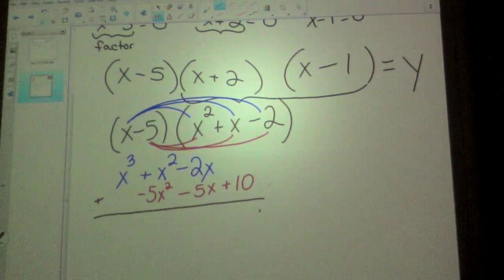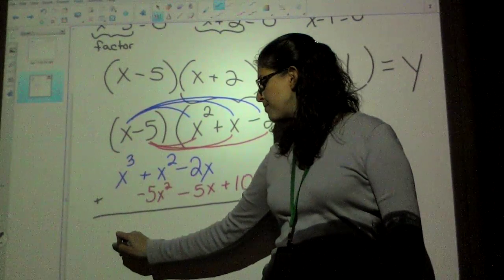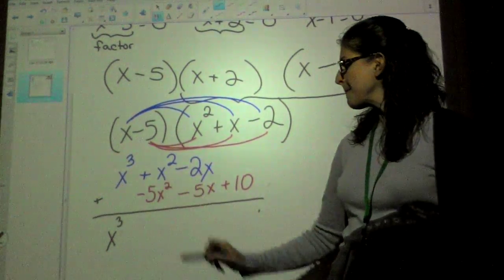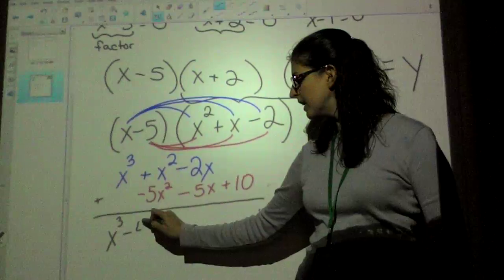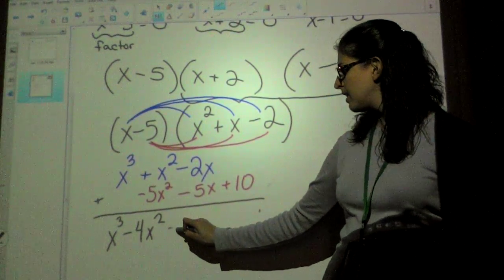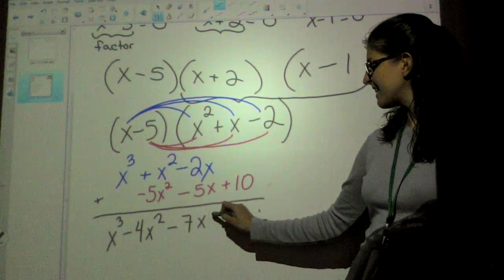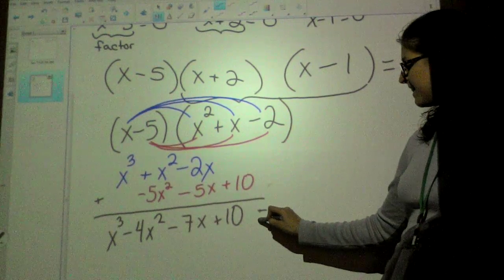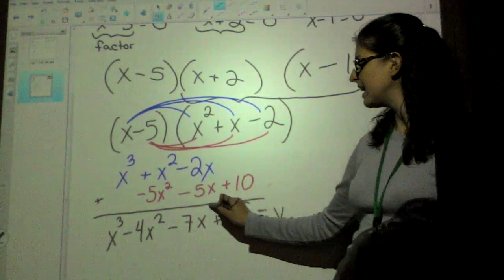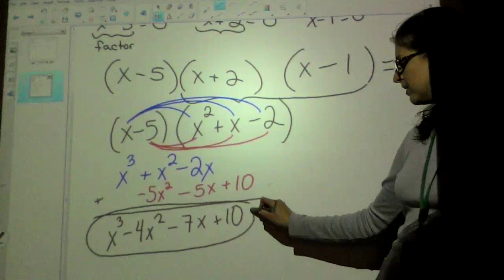Okay? Good. Drop them down. x cubed minus 4x squared minus 7x plus 10. That can be an equation that equals your polynomial.